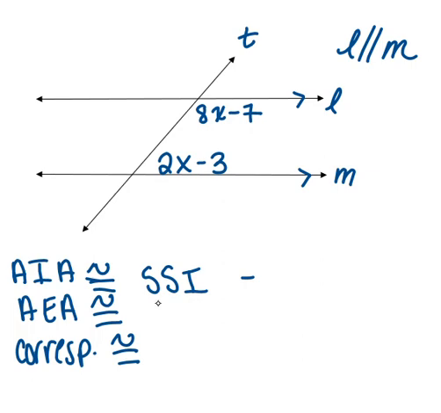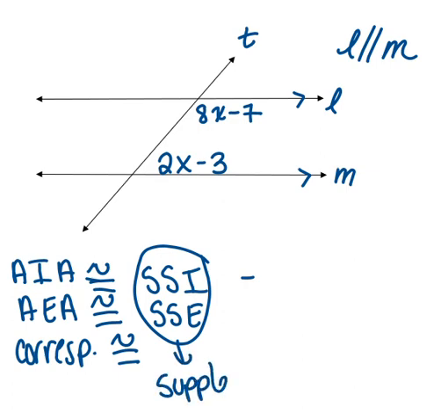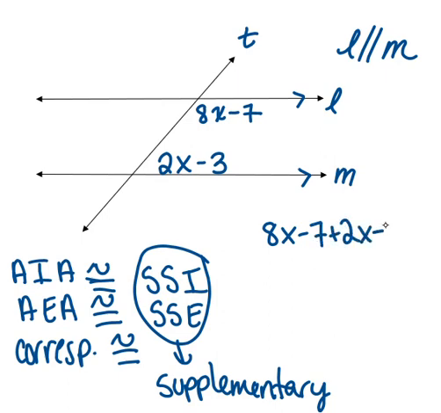Well, same side interior and same side exterior, these two are going to be supplementary, meaning these two expressions are going to add up to equal 180 degrees. So let's take a look here. This means 8x minus 7 and 2x minus 3 equal 180.